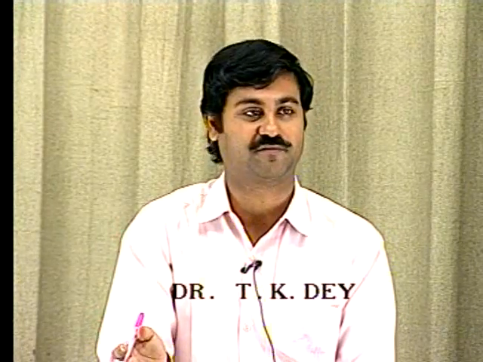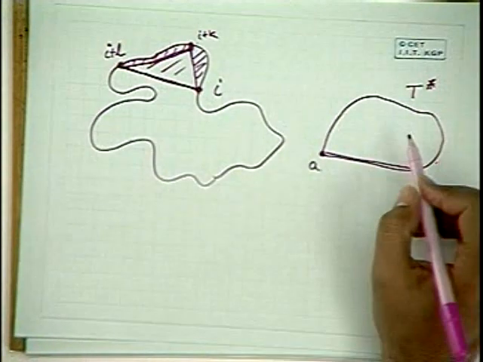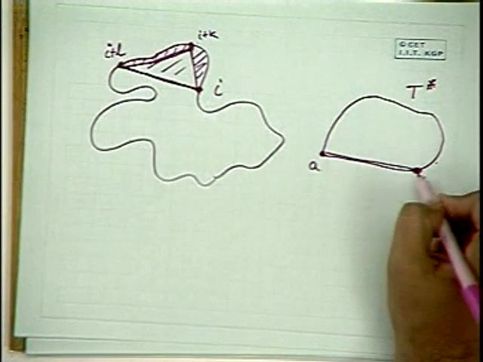I just told you optimal triangulation is the triangulation which minimizes the total weight, and weight you can take as perimeters, sum of the perimeters of all the triangles. Consider that optimal triangulation, let us call it T star. Now that optimal triangulation must have one triangle which is incident on AB.